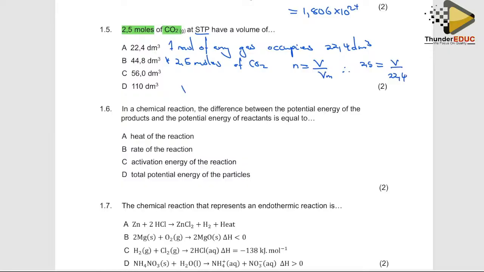Therefore, I'm supposed to cross multiply. So V is equivalent to 2,5 multiplied by 22,4. Therefore, I'm going to get a value of 56,0, which is now in dm cubed, right? So it means my correct answer is going to be option C for 1.5.